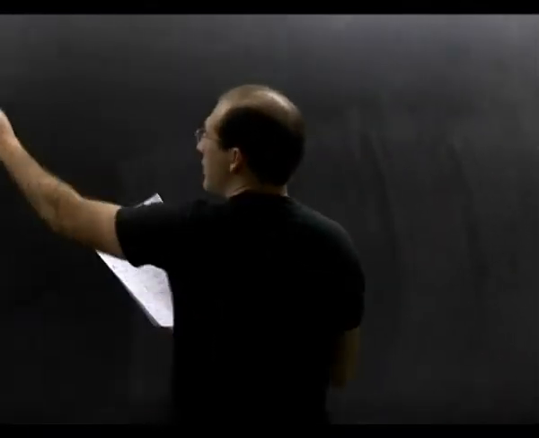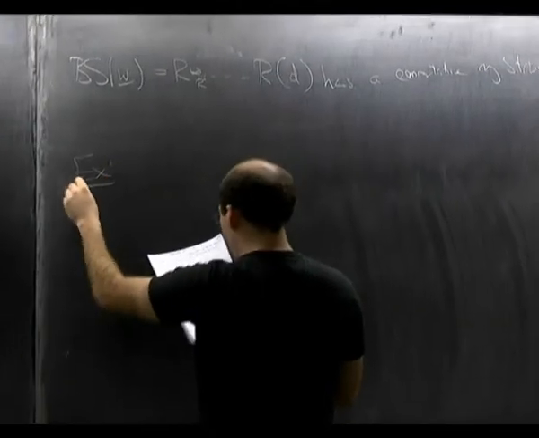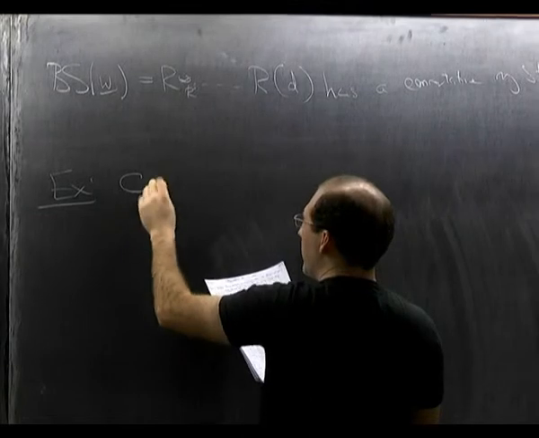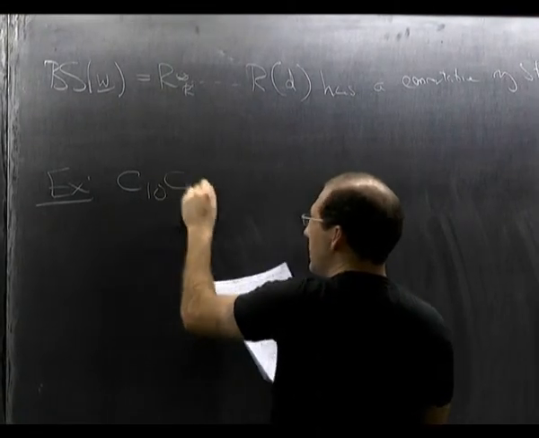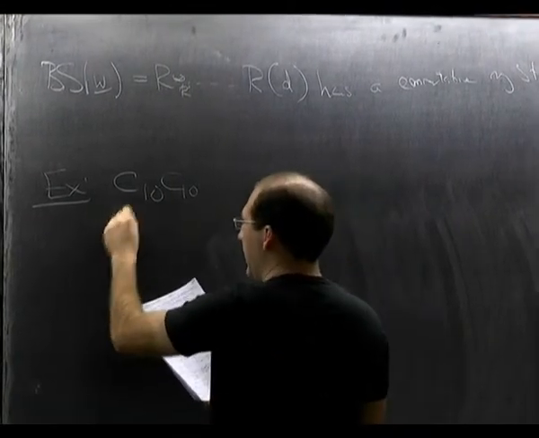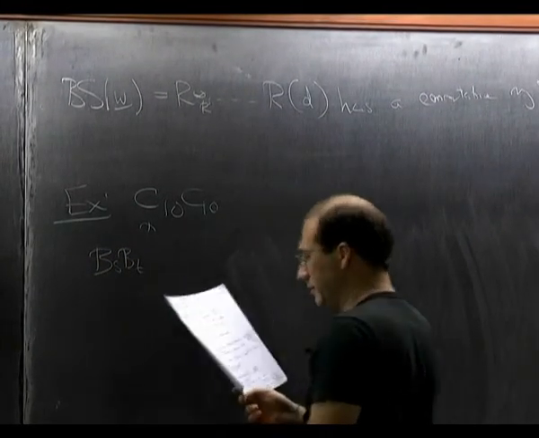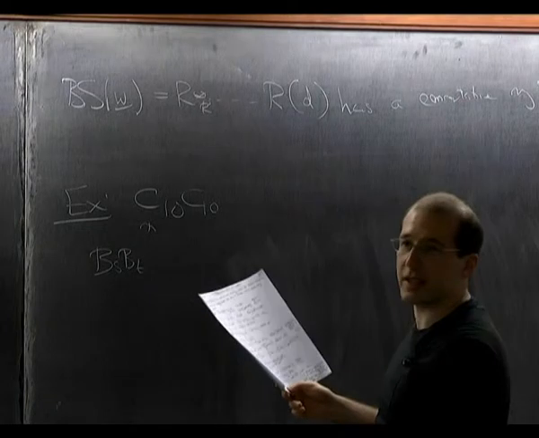Okay, so for instance, let me give you an example of a computation. What is C10 times C10 inside BSBT, for some arbitrary S and T?